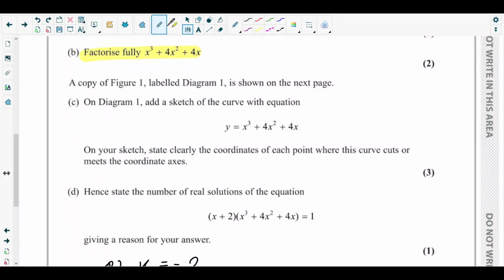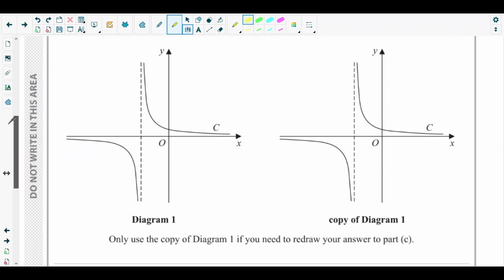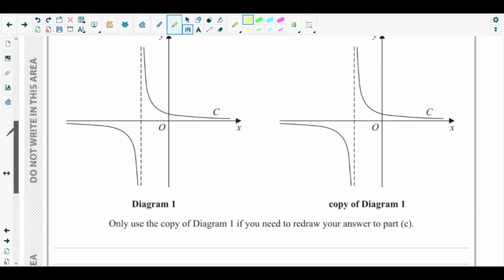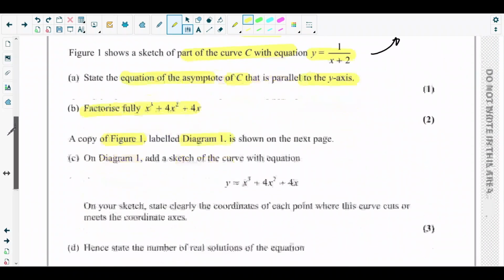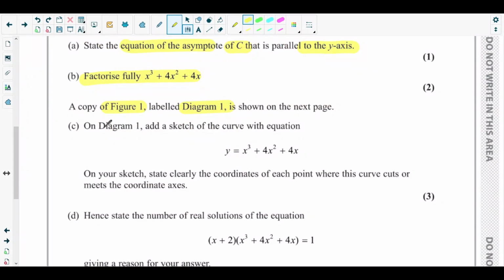Okay, next is part C. In part C, the question says a copy of figure 1 labeled diagram 1 is shown in the next page. So we can see it here, diagram 1. Part C is asking: on diagram 1, add a sketch of the curve with equation y equals x cubed plus 4x squared plus 4x.